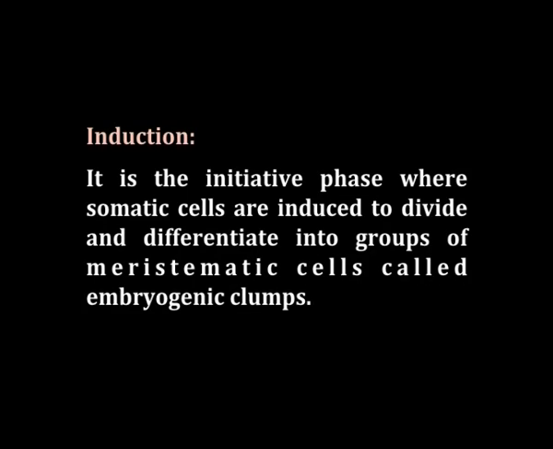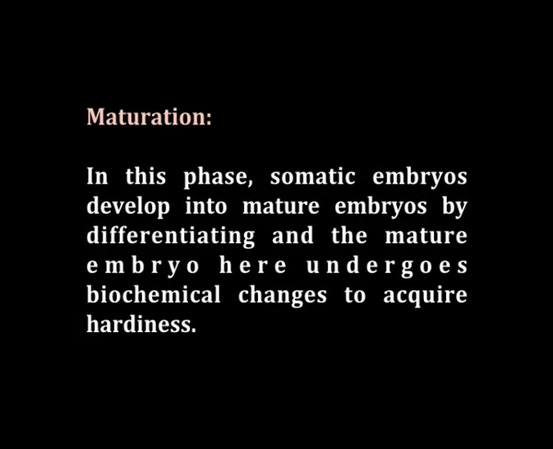Somatic embryogenesis involves three distinct steps. The first step is induction. It is the initiative phase where somatic cells are induced to divide and differentiate into groups of meristematic cells called embryogenic clumps. The second step is maturation.